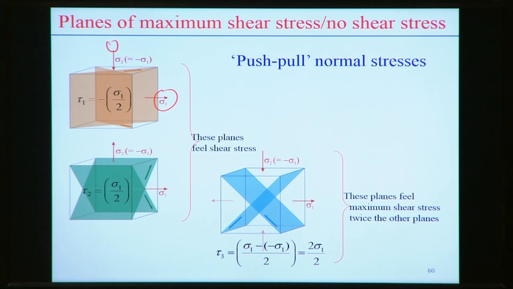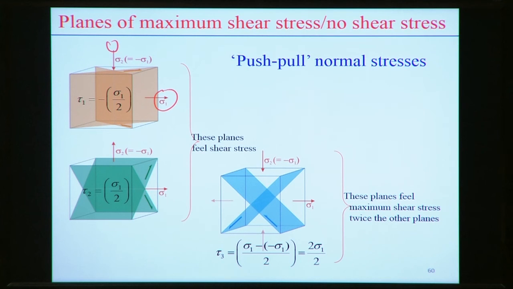One is tensile and the other is compressive. In this case the maximum shear stress will be sigma by 2. In one case the shear stress is negative, in another case positive, according to the convention. So the planes are defined here also. All these planes feel shear stress with a magnitude of half of the normal stress value.